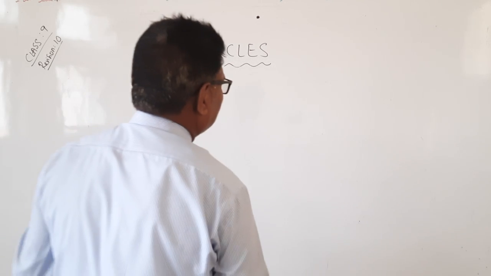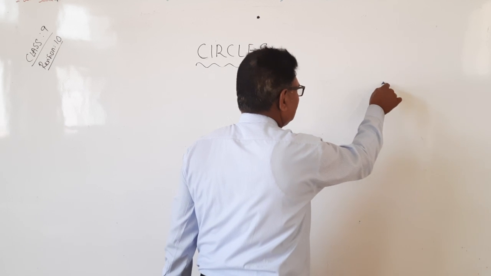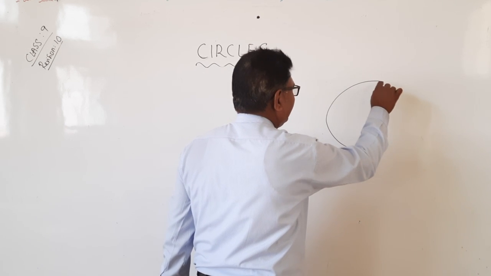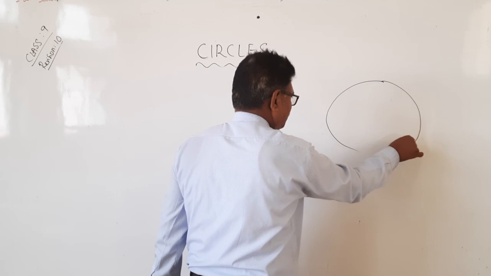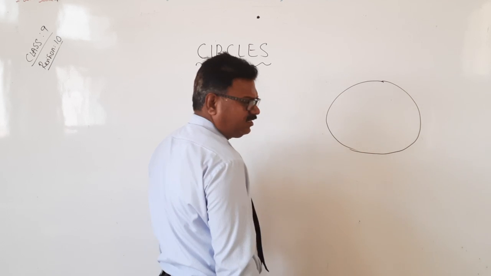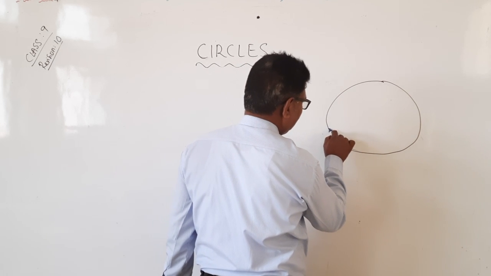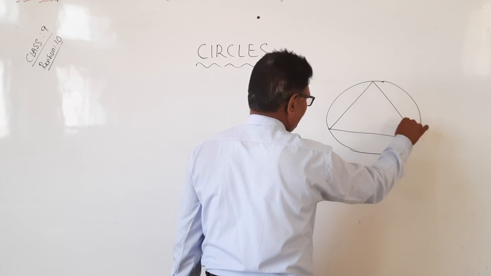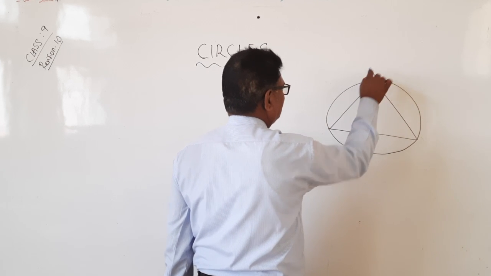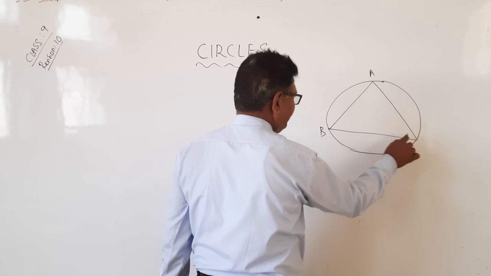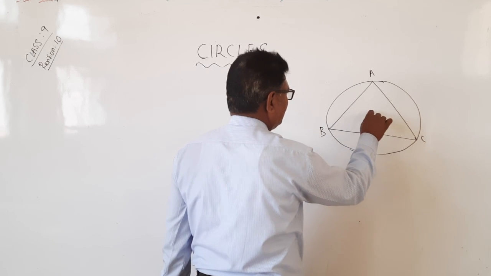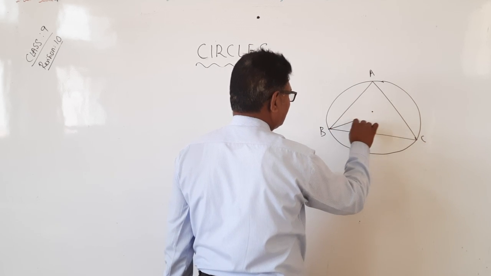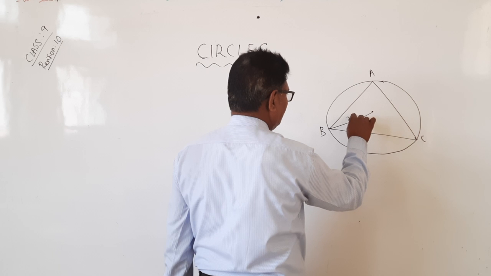One more small problem. 3 friends are standing on a circle such that the distance between them is the same. That means A, B, C are all the same. The radius of the circle is 20 centimeters.